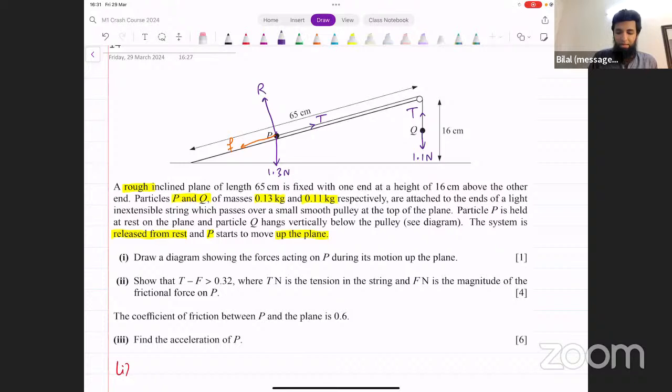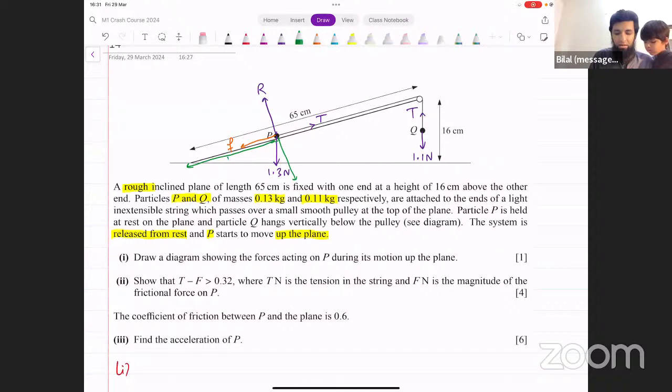Resolve the weight. This is 1.3 Newton. It's going to have two components. One component is going to act in this direction along the plane. This is one component. And one is going to act perpendicular to the plane, in this direction. These are the two components of the weight.